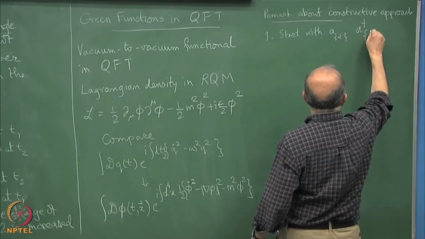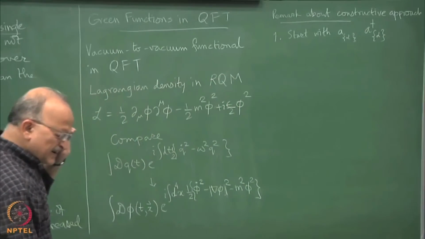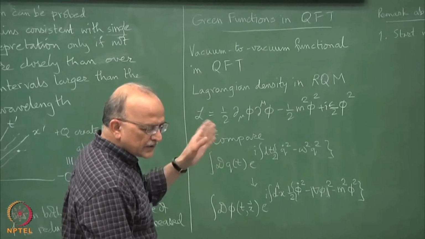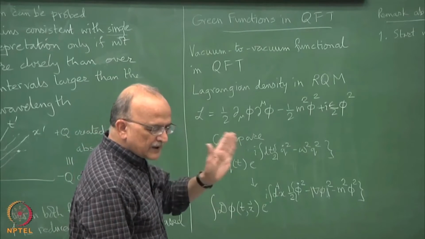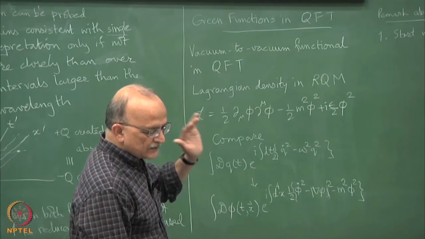You remember that we argued that if you have a weakly coupled system, it always boils down to introducing A and A daggers corresponding to single particle set of eigenvalues alpha.